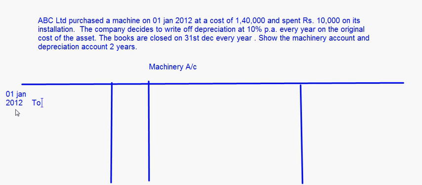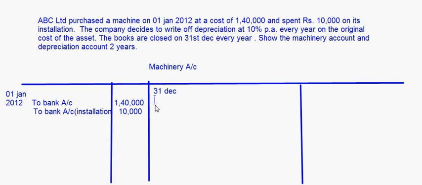Now here, first of all, the date you will write 1st January 2012 to bank account. This is the purchase of the asset, 1,40,000, and again on the same date you have another to bank account. This is for the installation basically, right? I'll put it like this, installation, and this is 10,000 rupees, right?